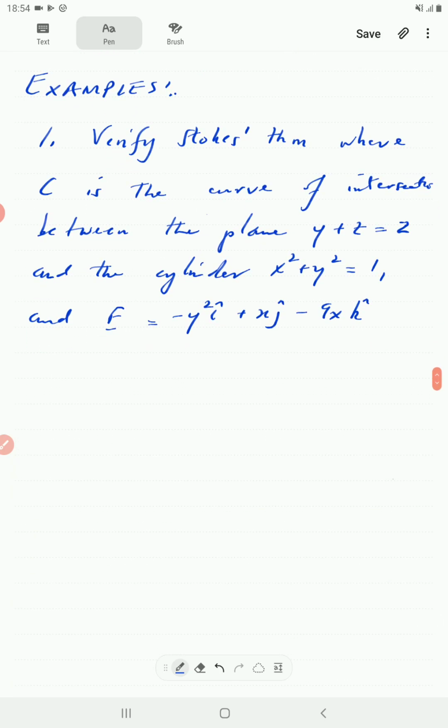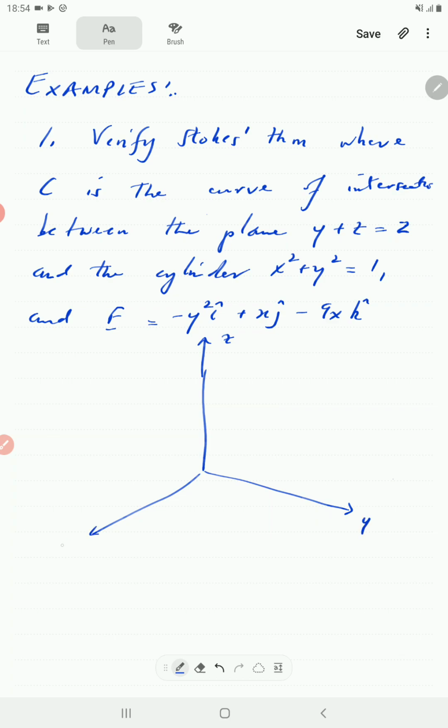So first point of contact here is going to be to make a sketch of the situation. First of all, we've got a cylinder x squared plus y squared equals 1.